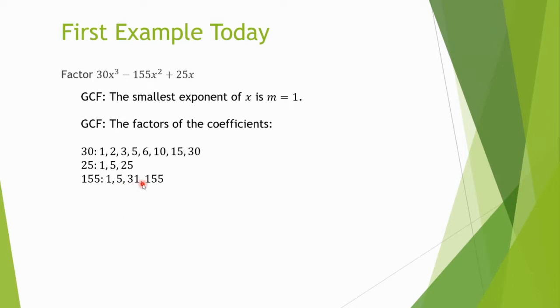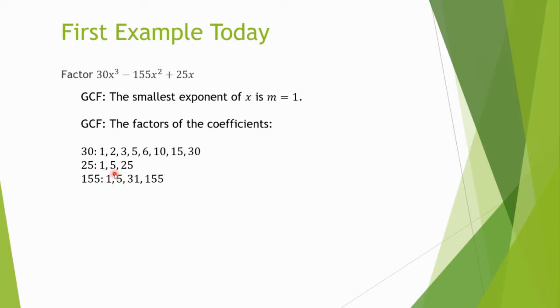Now, even if you don't know whether there are any other factors between 31 and 155, even though it turns out there aren't any, hopefully you can see that 5 is the biggest common factor among the three.